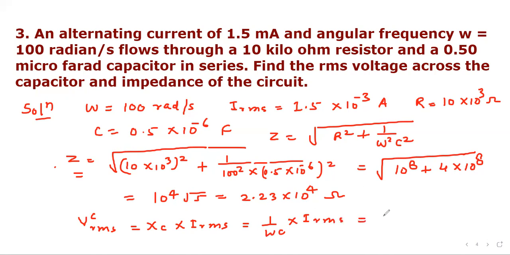So we can put the value of 1 upon omega C. Omega is 100 and capacitance is 0.5 into 10 power minus 6, into IRMS is 1.5 milliampere, 10 power minus 3. So it will come out to be 20 volt.